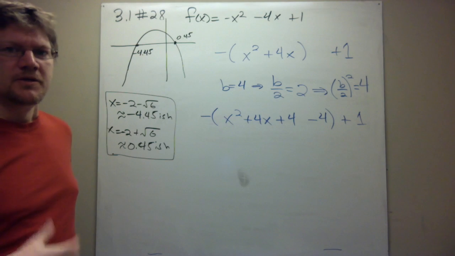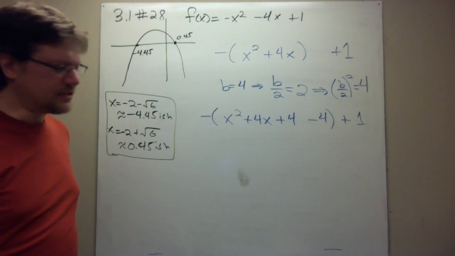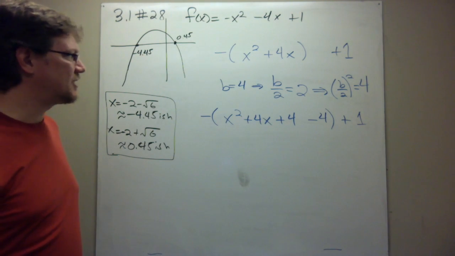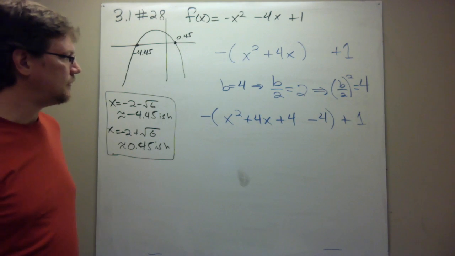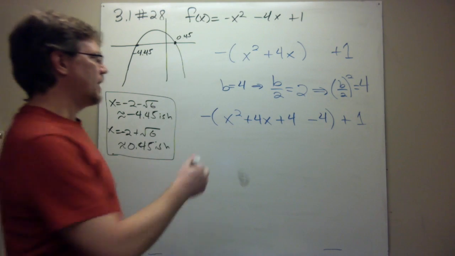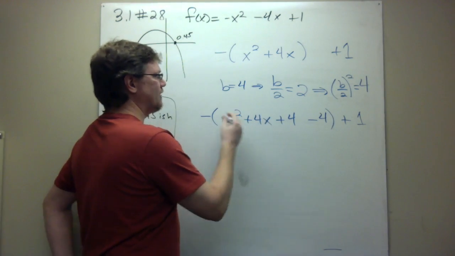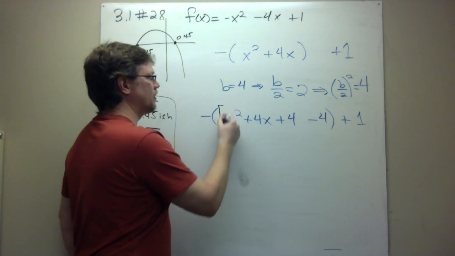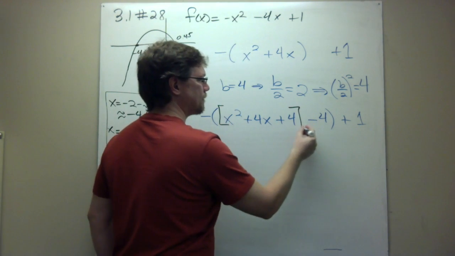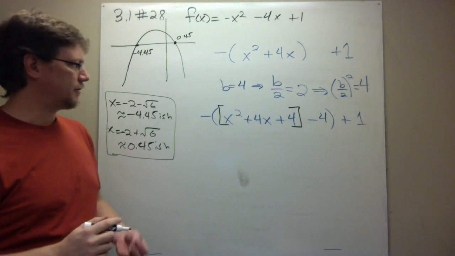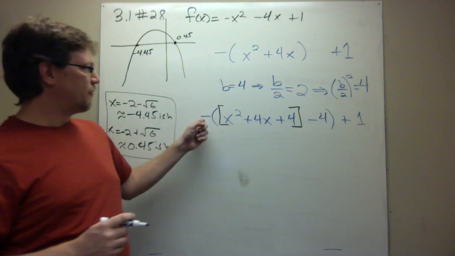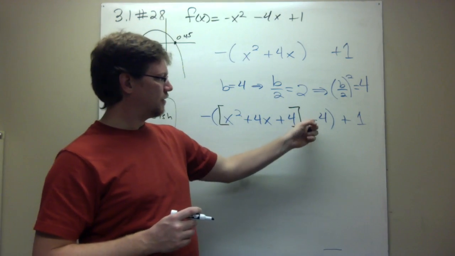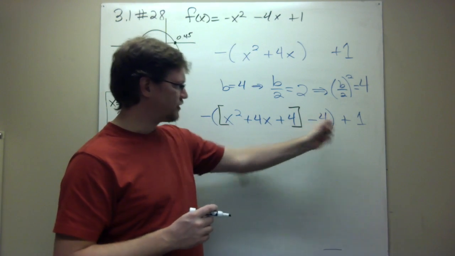All right. So now I need to group this in such a way that my next step makes sense. This x squared plus 4x plus 4 I have constructed to be my square. So I want to treat that as a chunk. So I have minus this chunk and that chunk.